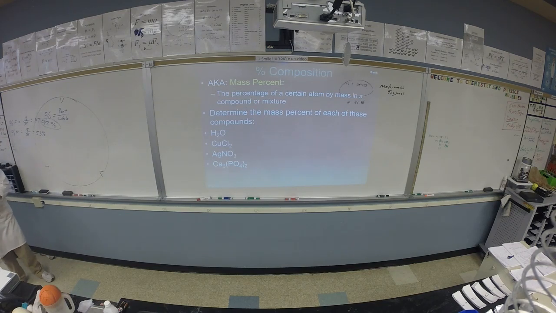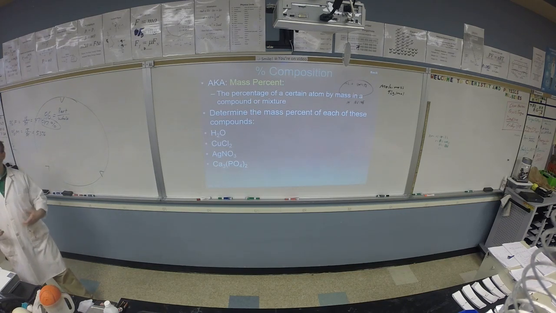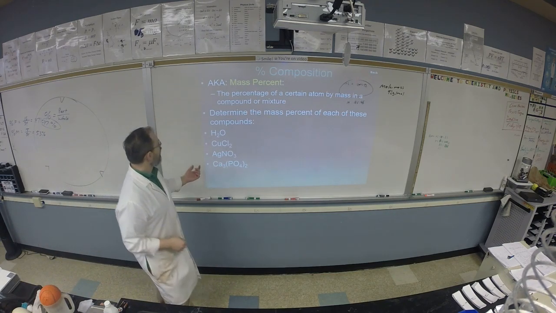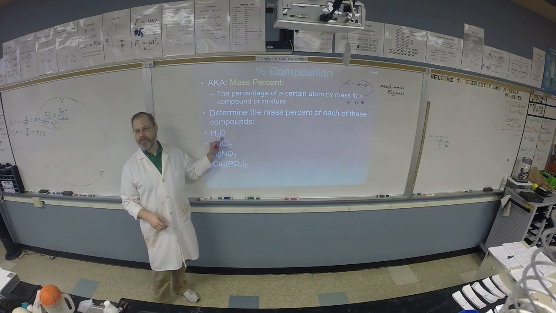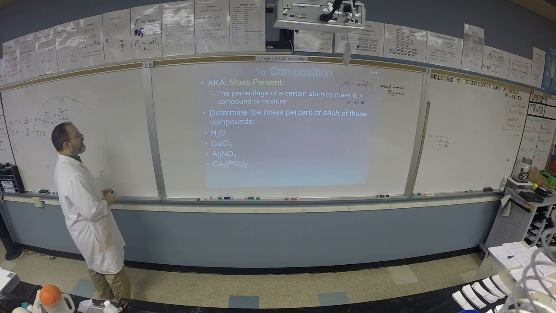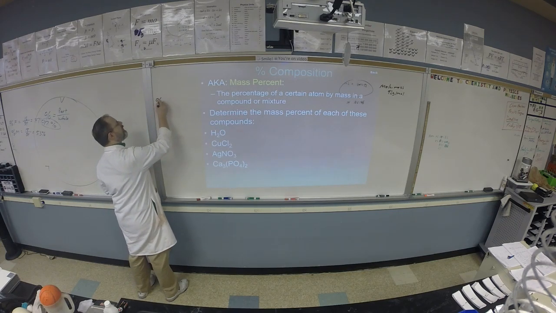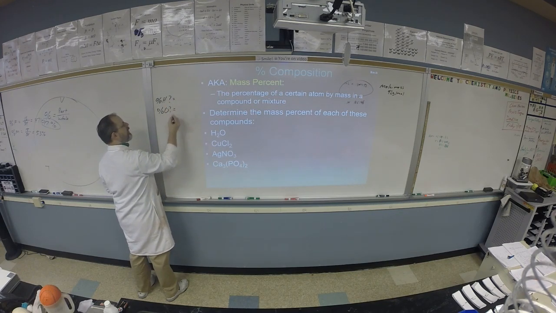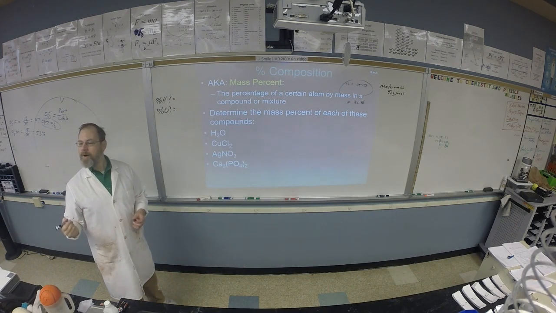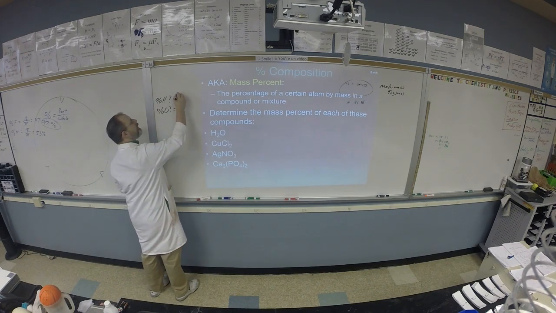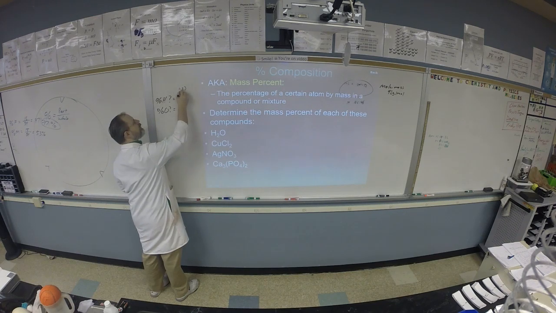Make sense? Okay. So when you're doing a percentage, it's always a part over a whole. Now a water molecule is 2 hydrogens and 1 oxygen. If you wanted to know what is the percent of hydrogen and what is the percent of oxygen, this is how you do it. You look at how much of a mole of H2O is hydrogen, and in a mole, you have 2, which is 1 times 2.